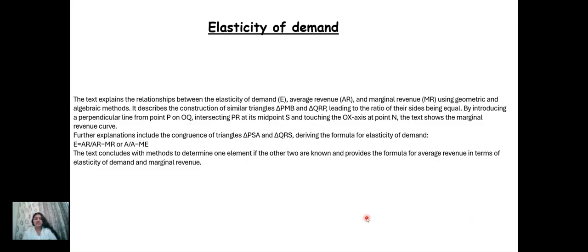And there is a formula to explain the elasticity of demand: E equal to AR divided by AR minus MR, or A divided by A minus M. Here AR is average revenue and MR is marginal revenue. When we have to calculate the elasticity of demand, we just use this formula, and then we get the solution of elasticity.